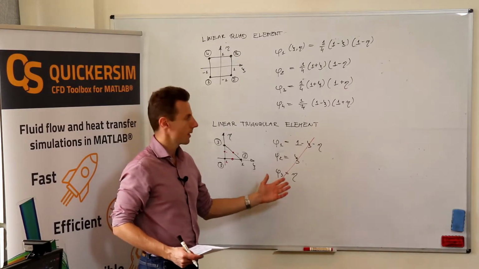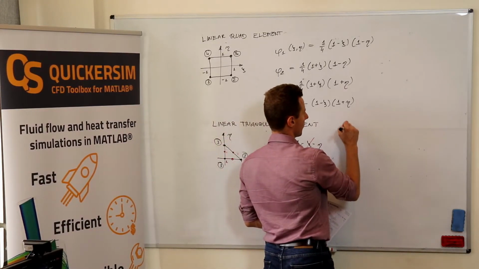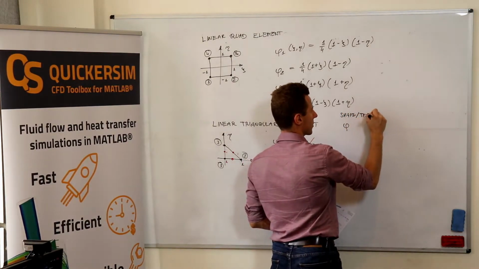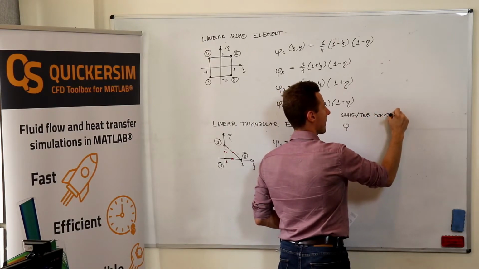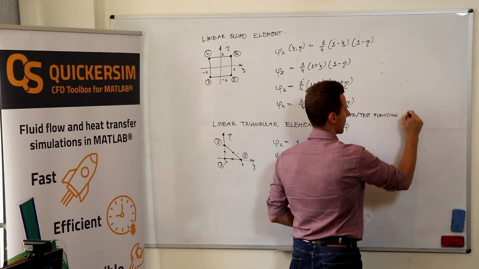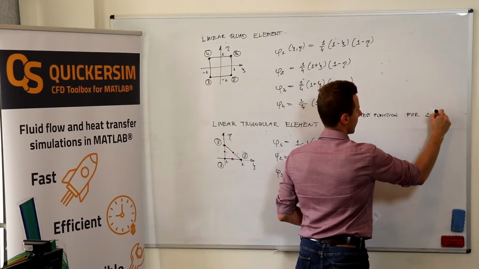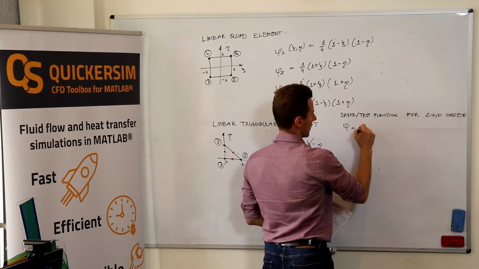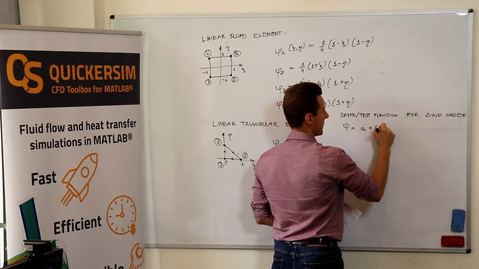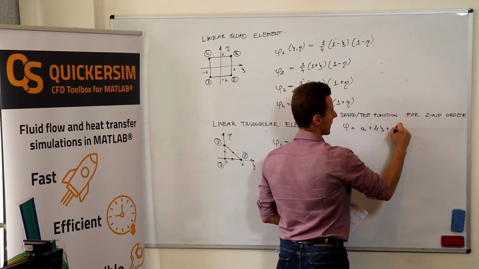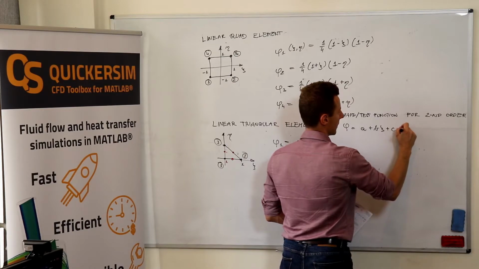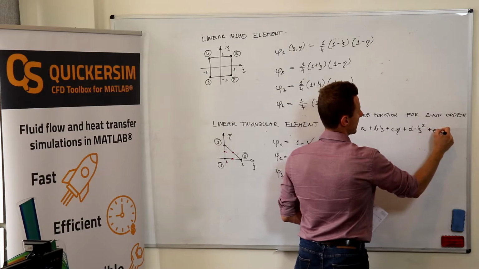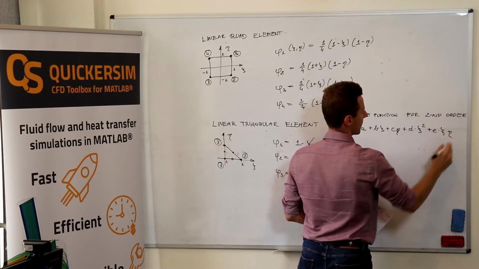So the general form of your shape or test function for second order is some constant a plus b times xi plus c times eta plus d times xi squared plus e times xi times eta.